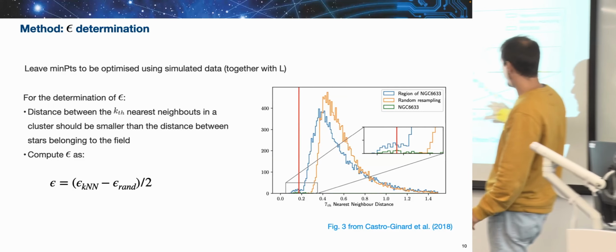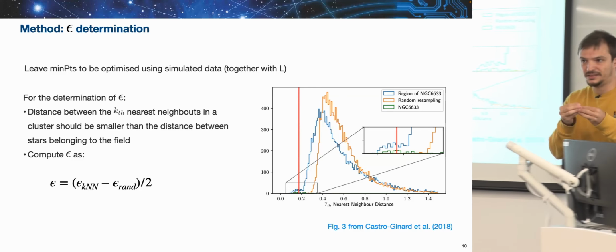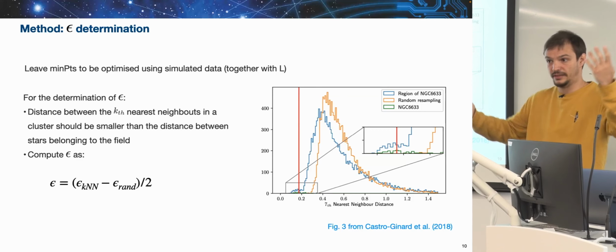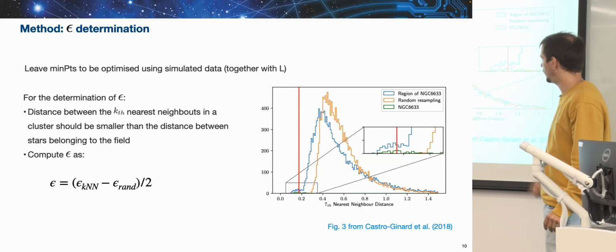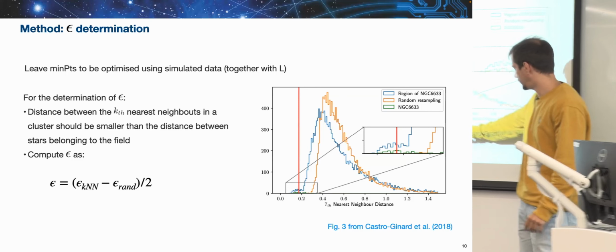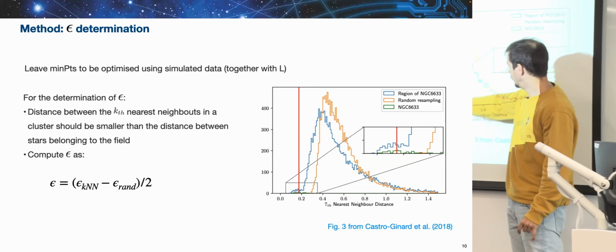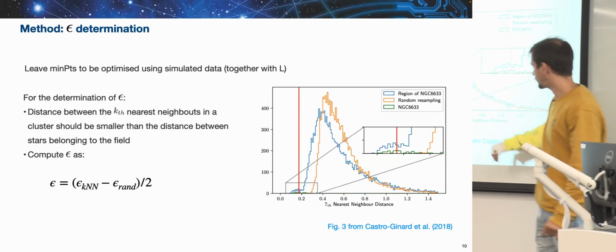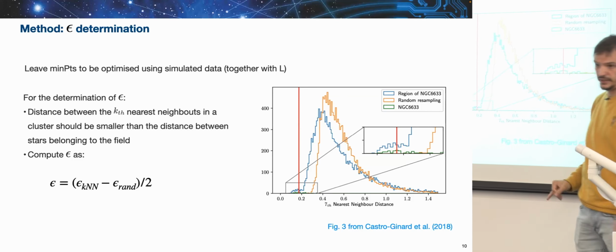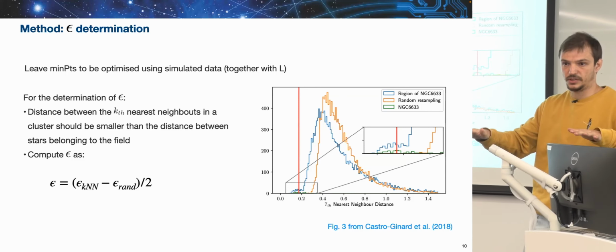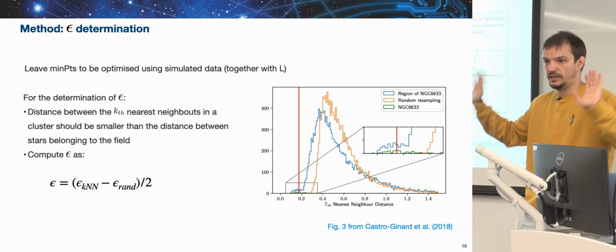And we use the fact that the stars in the cluster are closer to each other than random field stars, right? And you can see that in this plot here, this is the distance of each star to its 7th nearest neighbor. The blue curve is the real data, and the orange curve is a random reshuffling of the data, so removing all the substructure there, so all are field stars, right?